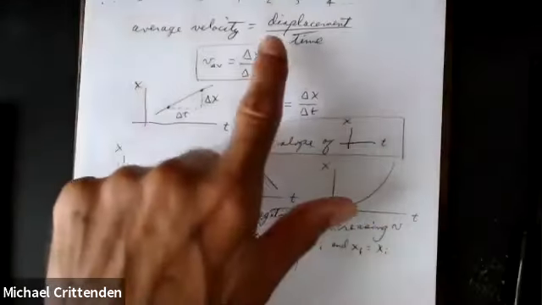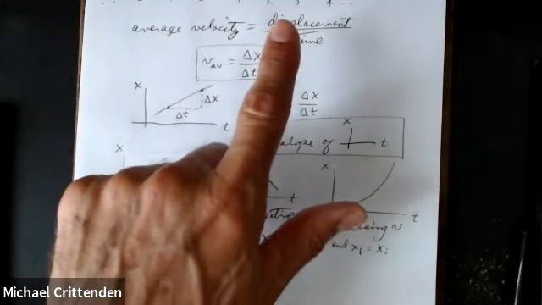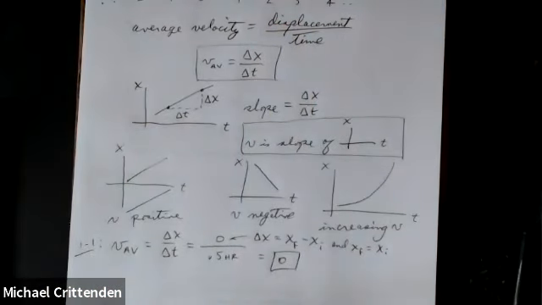Velocity is displacement divided by time. Speed is the distance covered divided by the time. In other words, in the one case, the direction matters. In the other case, it doesn't. Velocity is a vector, speed is a scalar. So, again, words that I'll define in section 2.